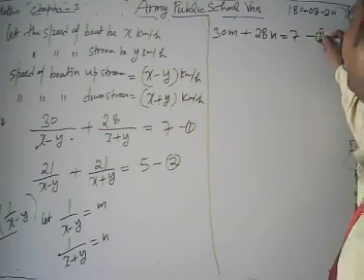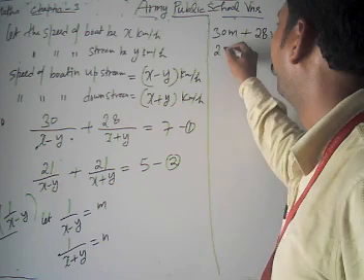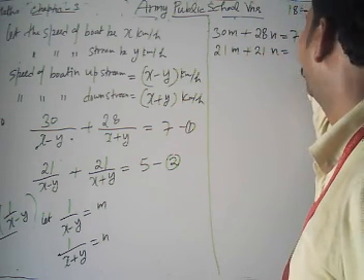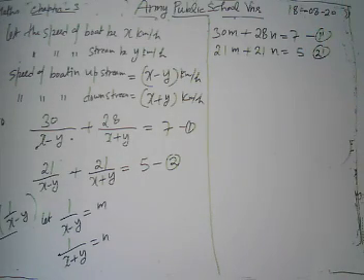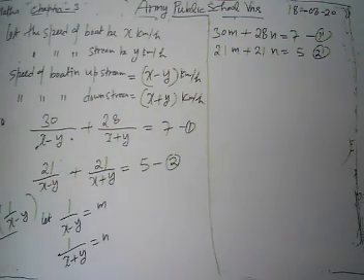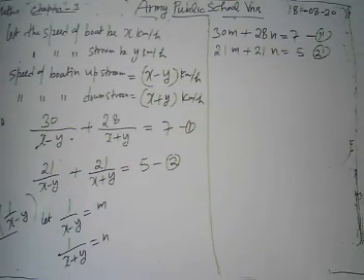This is our 1 prime. Then also we have 21m plus 21n equal to 5. This is our 2 prime. Now we have to solve it. We can use the elimination method, or we can use the substitution method also.